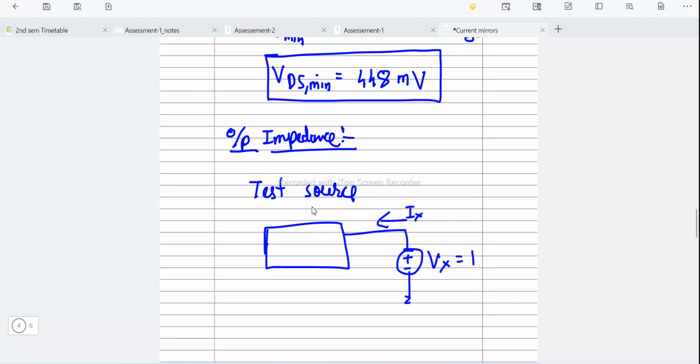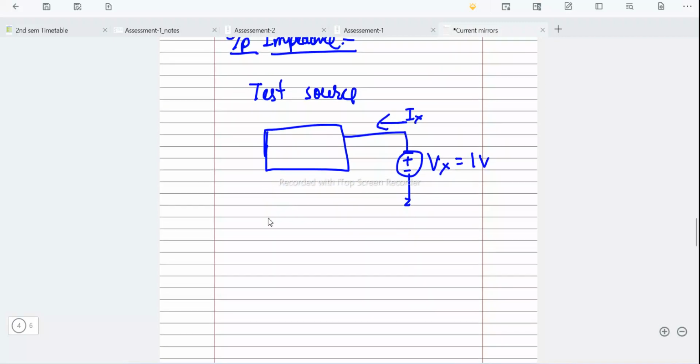Let me say I'll give Vx of 1 volt and I'll obtain Ix. So output impedance R out would be Vx divided by Ix. Since Vx is 1 volt, it is 1 divided by Ix, which is nothing but the reciprocal of Ix that gives the output impedance.